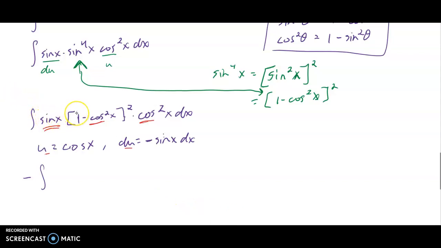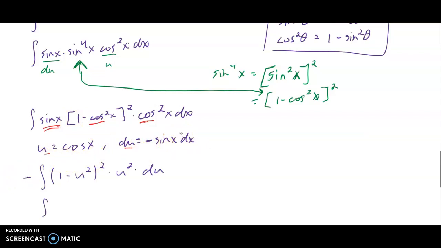So I'm going to write open parenthesis 1 minus u squared, close parenthesis, squared. That is this written with u's. Now I have this cosine squared, so that's another u squared, times a du. This du is the sine, and then remember I got that negative out front to balance everything.